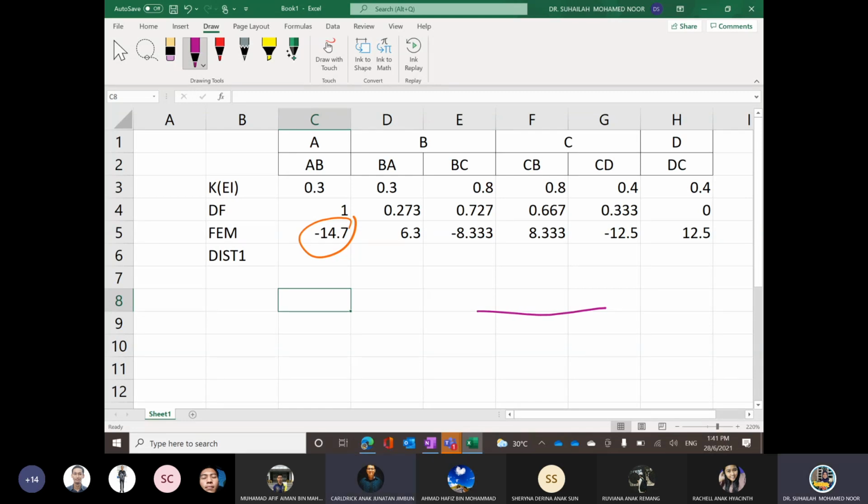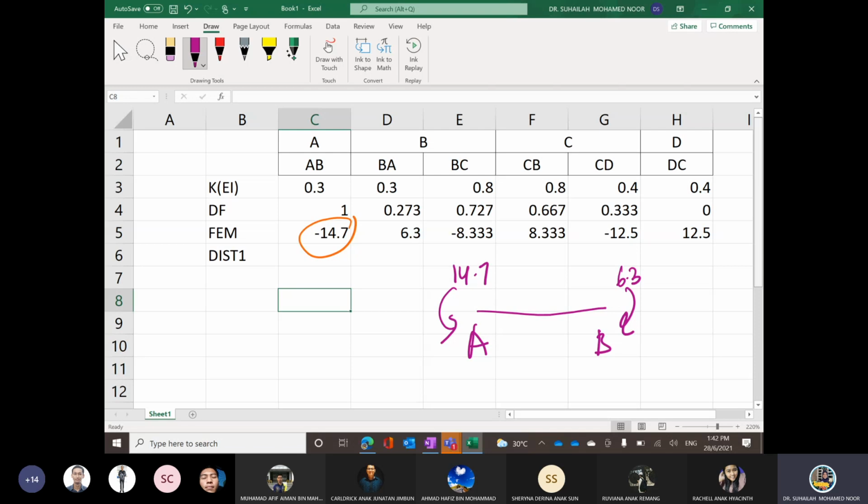This is AB. The moment is 14.7 and 6.3, right? This is the fixed end moment, and the fixed end moment is the first member end moment in the table. But the moment that we distribute is the joint moment, not the member end moment.